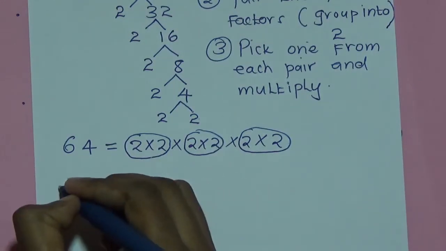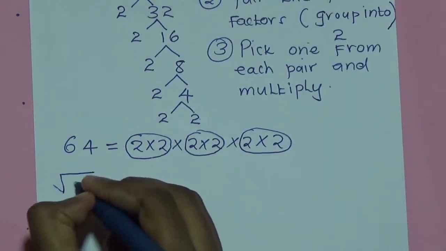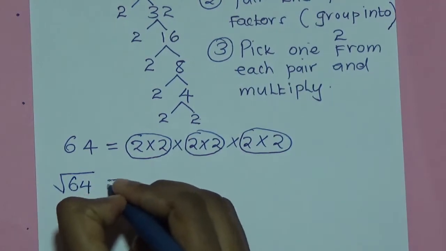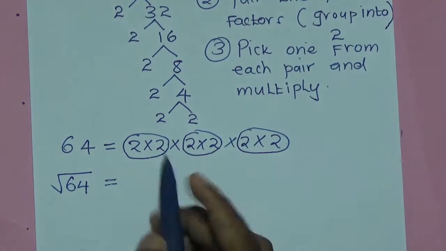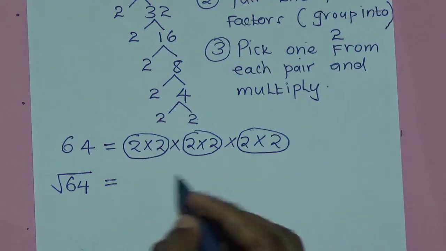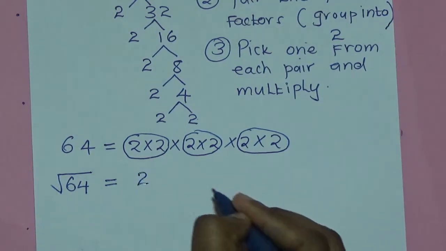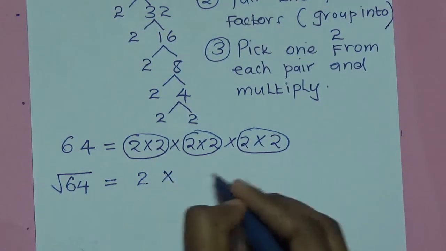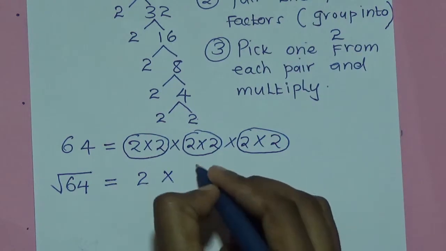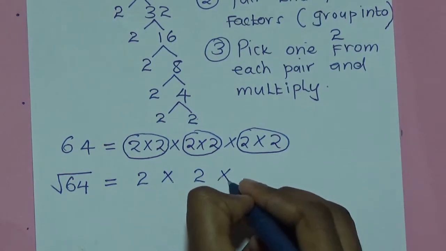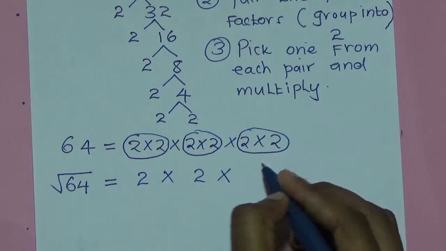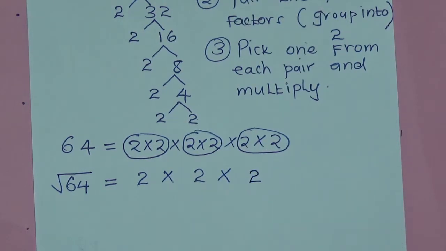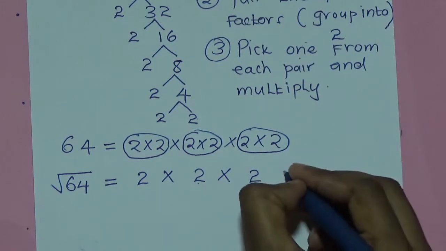So the square root of 64 will be given by, out of this pair we pick 1, so it will be 2, we multiply it by, out of the second pair we pick 1, we multiply it by, out of the third pair we pick one number, like that. So we multiply this, we have 2 multiplied by 2 is 4, 4 multiplied by 2 is 8.